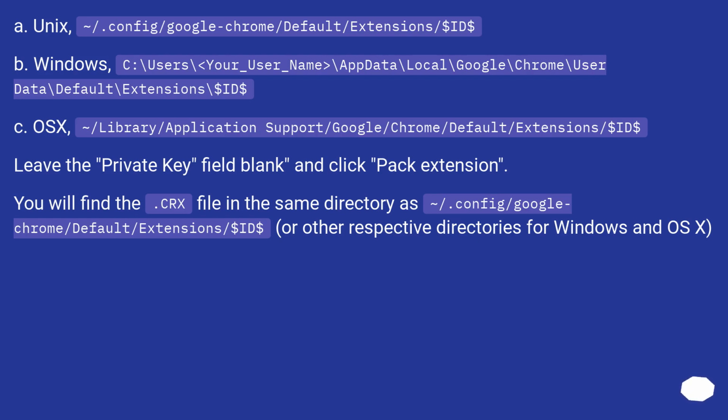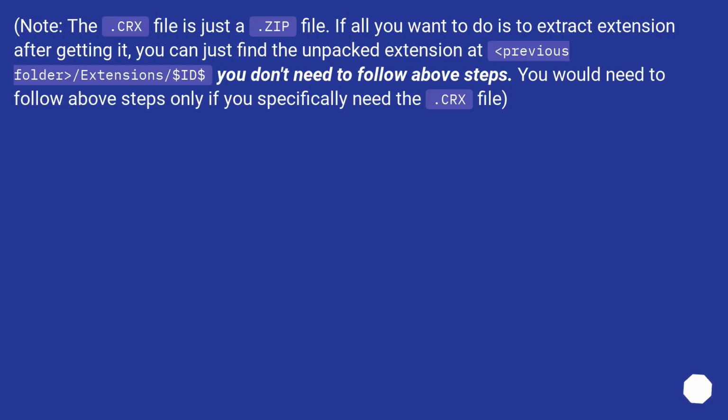You will find the .crx file in the same directory as ~/.config/google-chrome/Default/Extensions/$id$, or other respective directories for Windows and OS X. Note, the .crx file is just a .zip file.